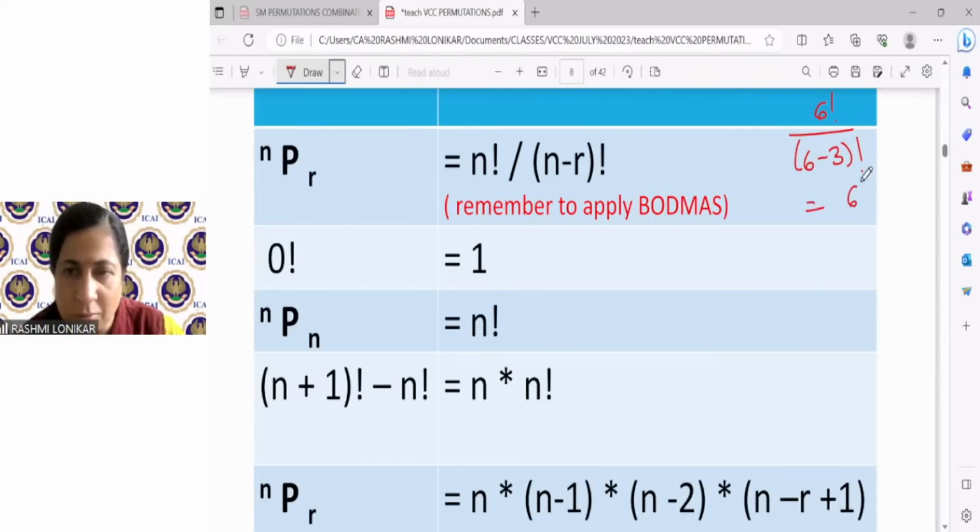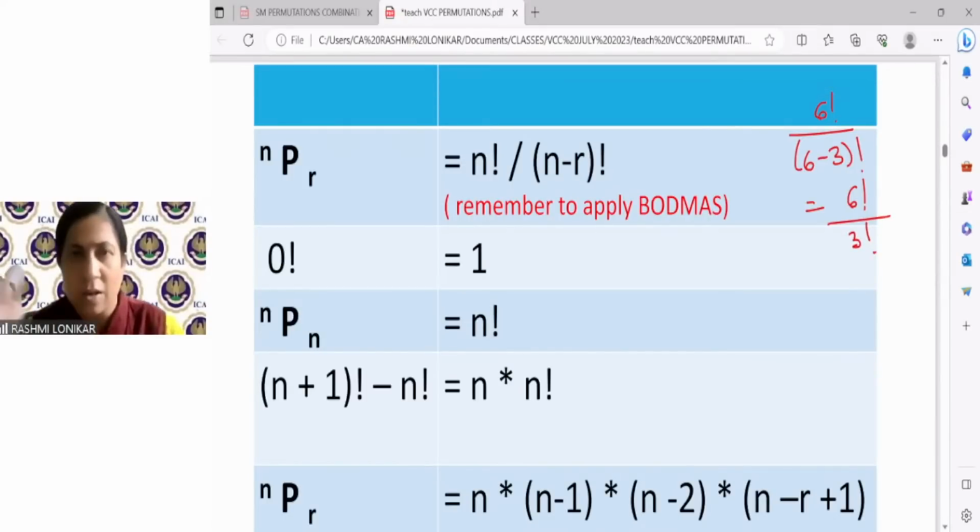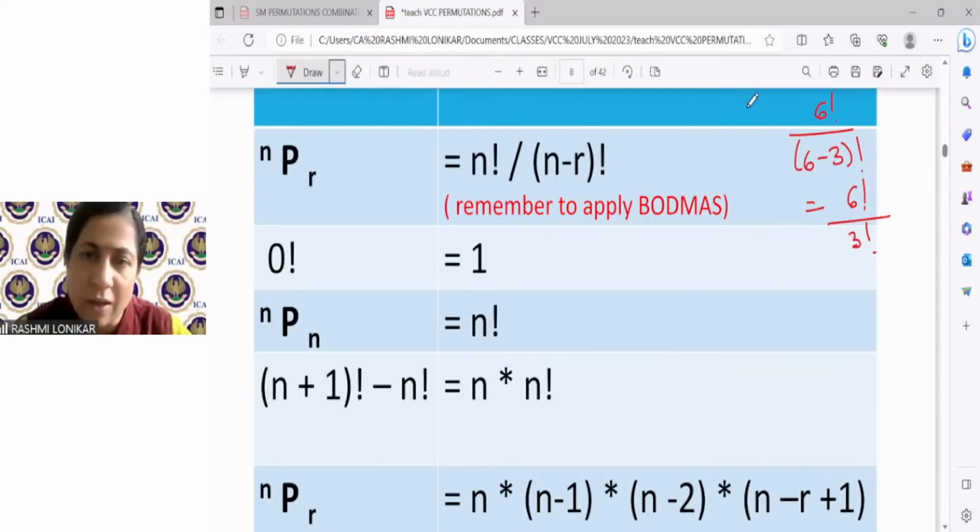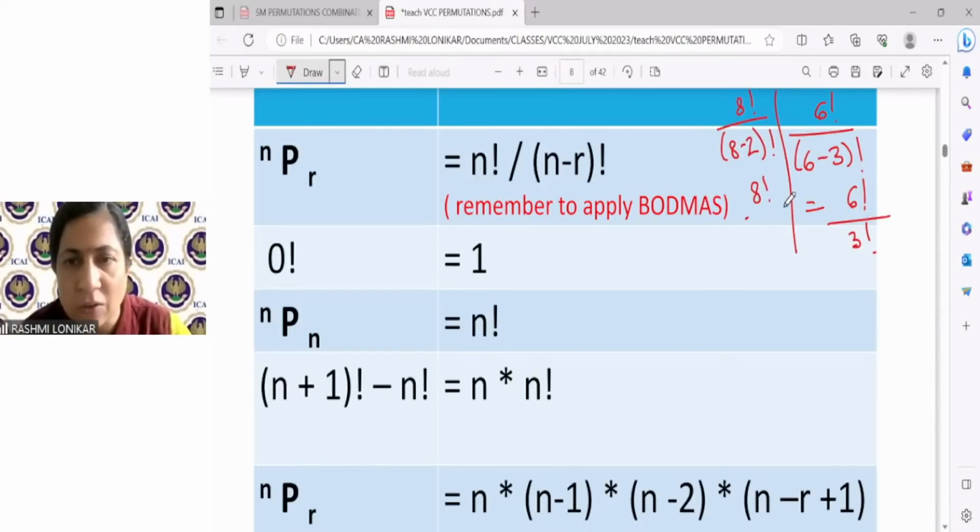So this becomes 6 factorial in the numerator, nothing changes. Denominator is 6 minus 3, which is equal to 3. Then after that we put the factorial sign, which is nothing but the exclamation mark. Okay. This is important. Suppose I have 8 factorial upon 8 minus 2 factorial. This will be 8 factorial upon 8 minus 2, which is 6, so 6 factorial. Okay.